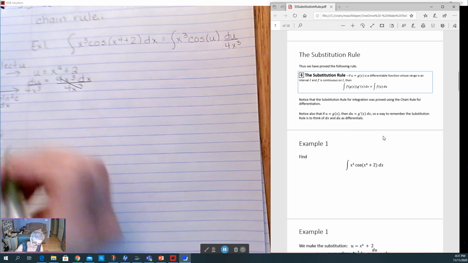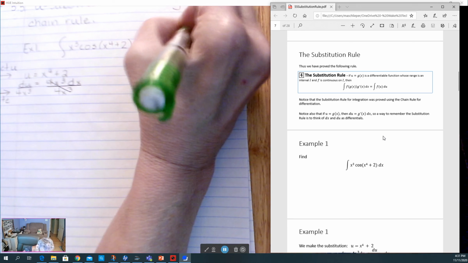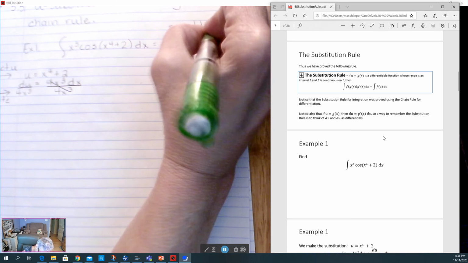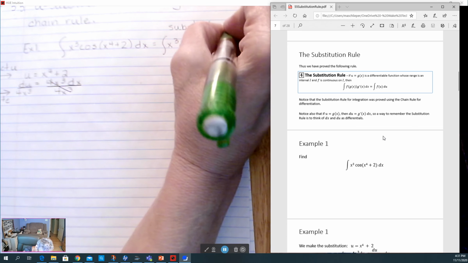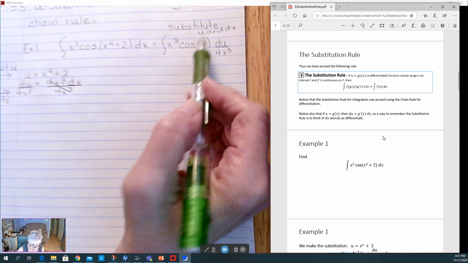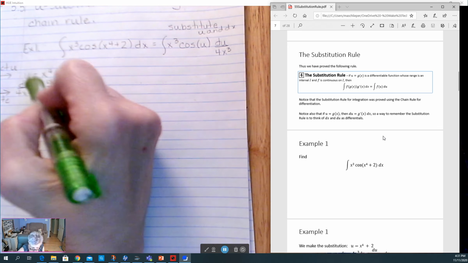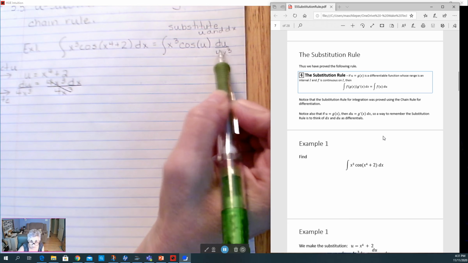So next step was substitute. So we substitute whatever we called u, and then we substituted what we calculated as dx. So we replace it with the du.